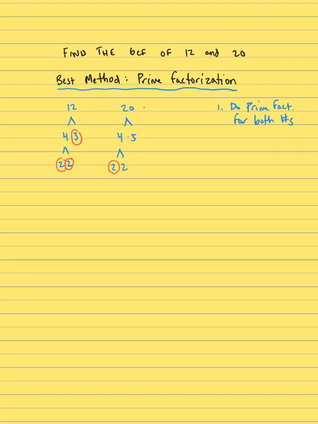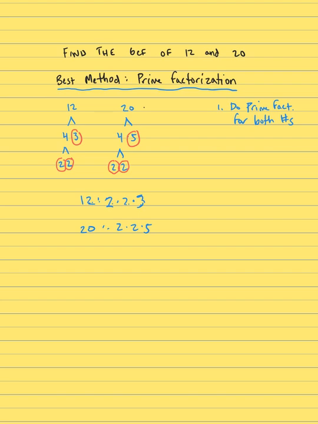Again, if you need to, circle the bottom branches. And now we've got our prime factorization, and we're going to write them out. So for 12, we would do 2 times 2 times 3. Sorry, my pen is not working here. And for 20, we would do 2 times 2 times 5.